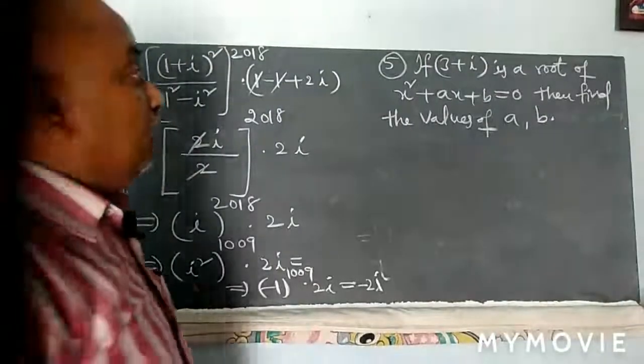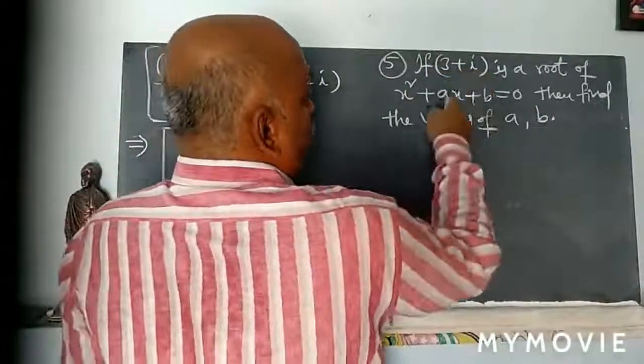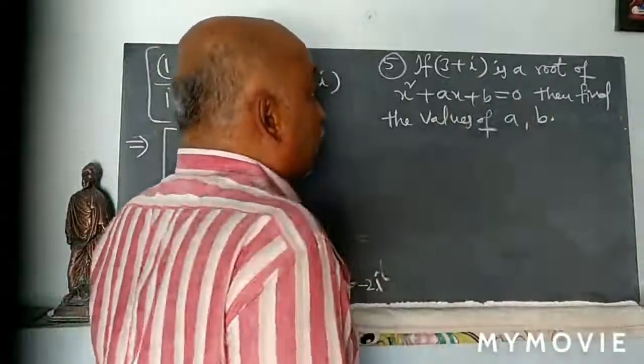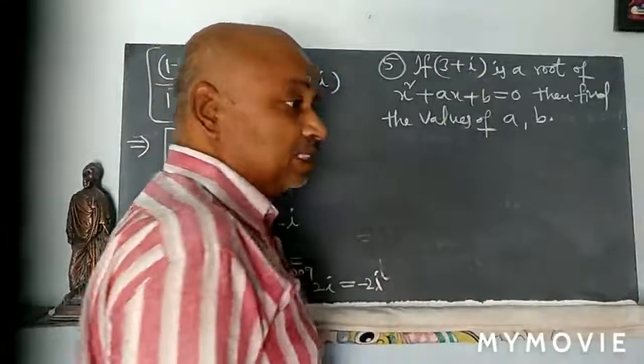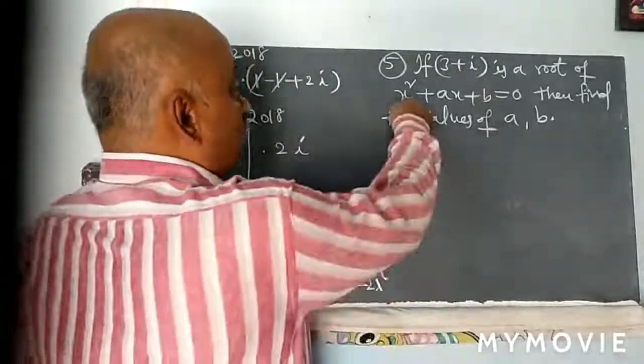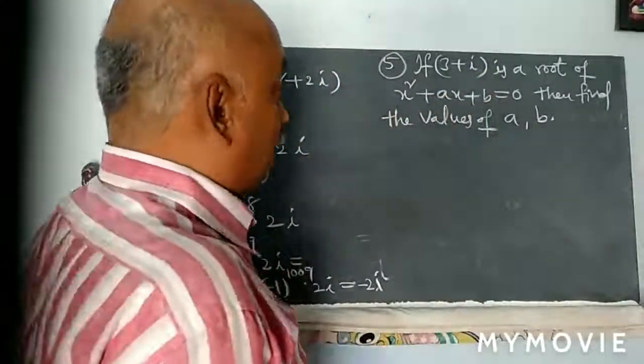See, if 3 plus i is a root of this quadratic equation, automatically the conjugate of 3 plus i, which is 3 minus i, is also a root of this quadratic equation.